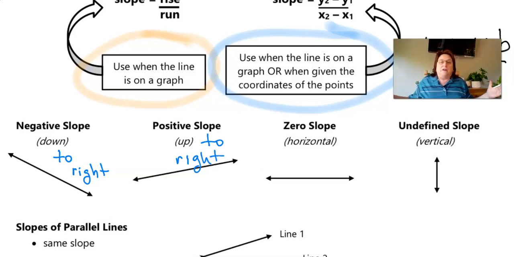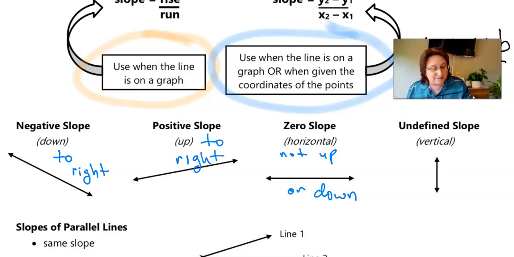Zero slope is horizontal, meaning that it does not go up nor down. And undefined slope is vertical, meaning that it does not go left or right.